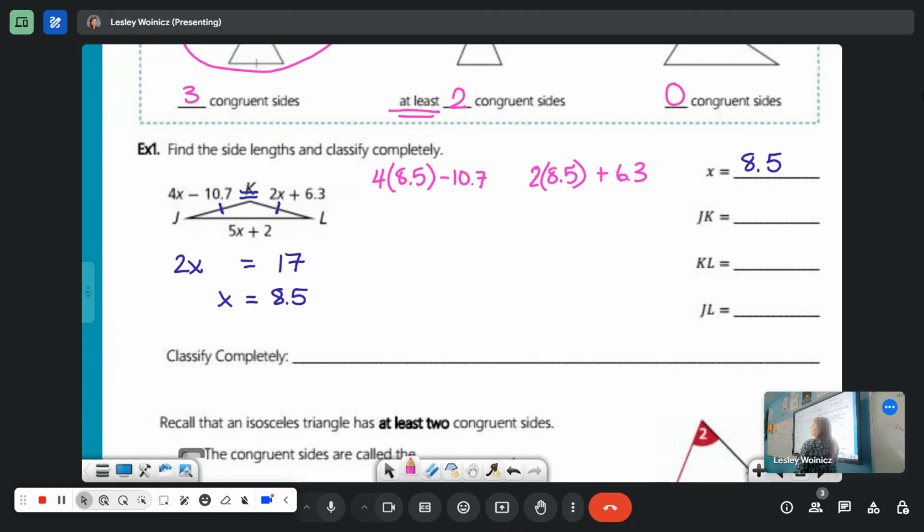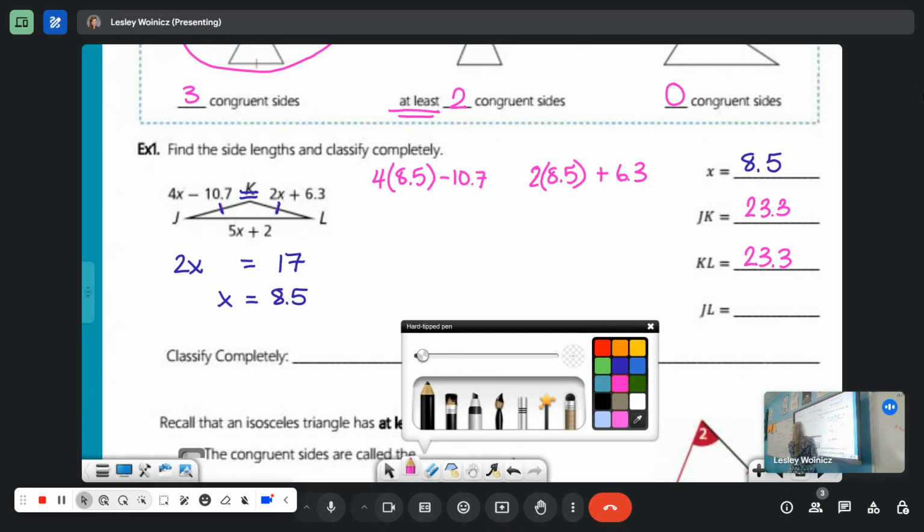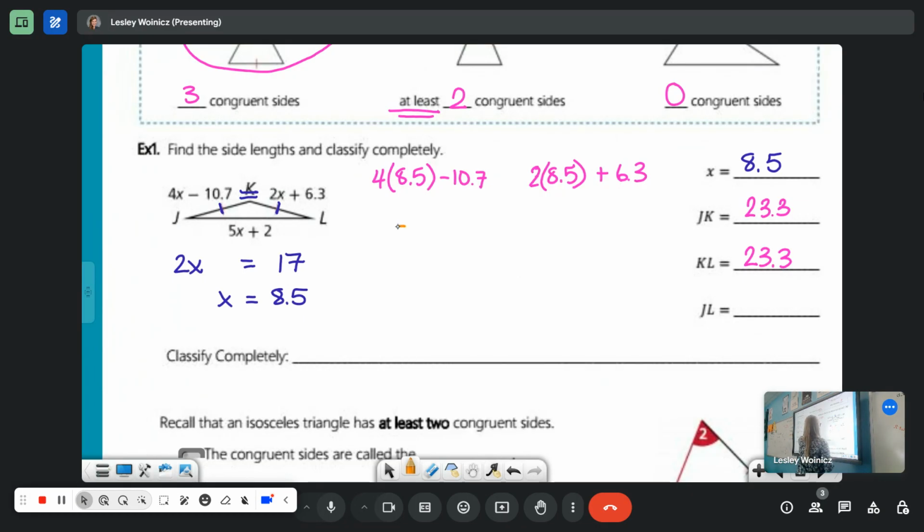So, what is it? All right, and then just plug it in for the bottom. Also substitute. So 5 times 8.5 plus 2 for this one. What is it?